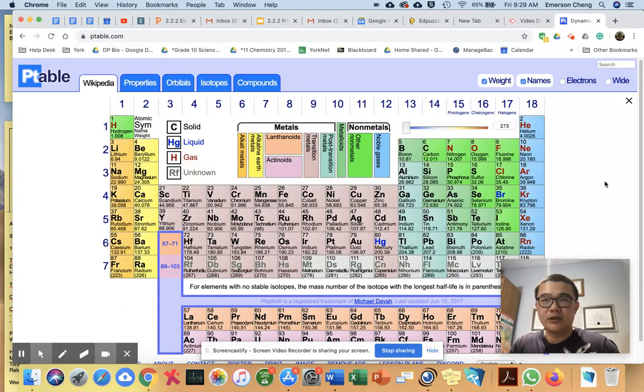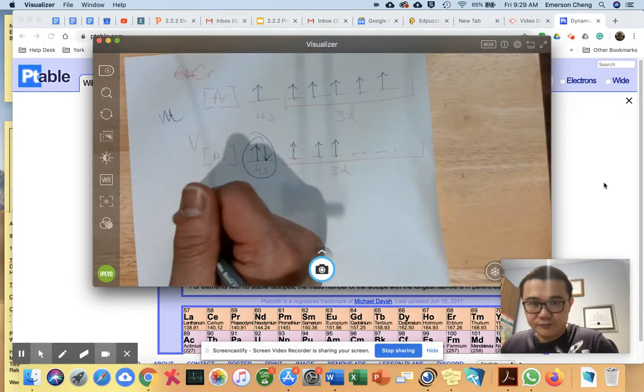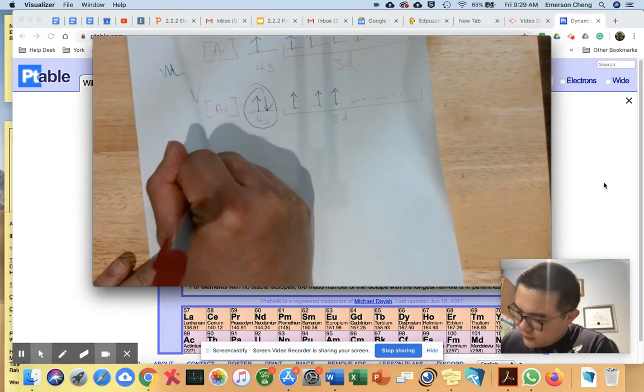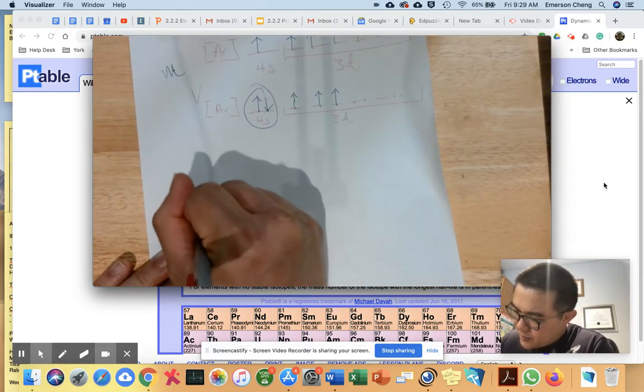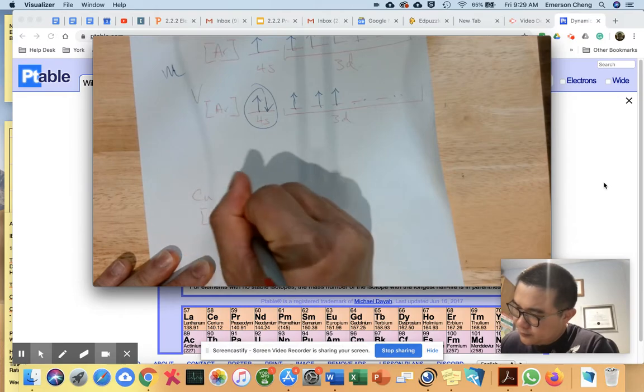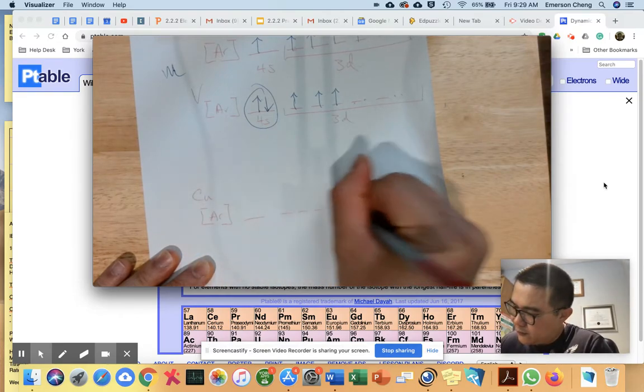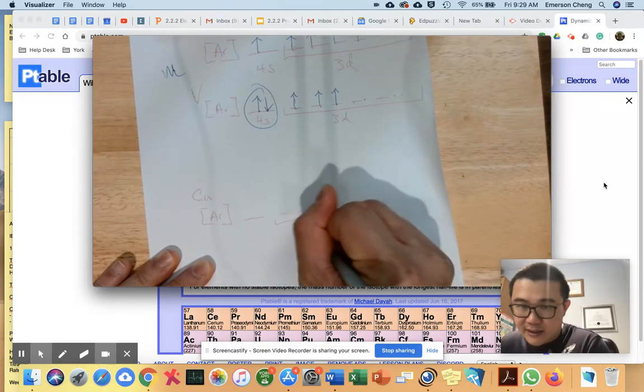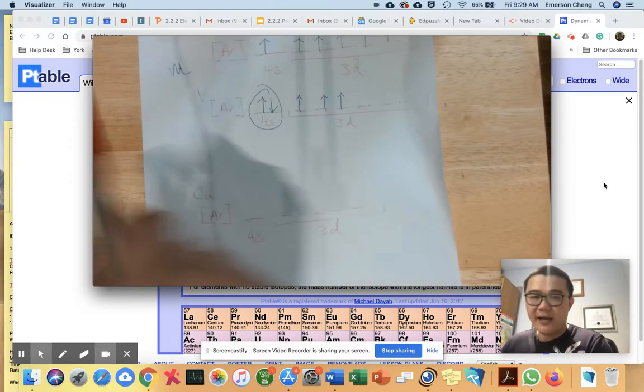So let's take a look. In this case, your copper, again, argon, 1, 2, 3, 4, 5. That's the 3d, that's the 4s.